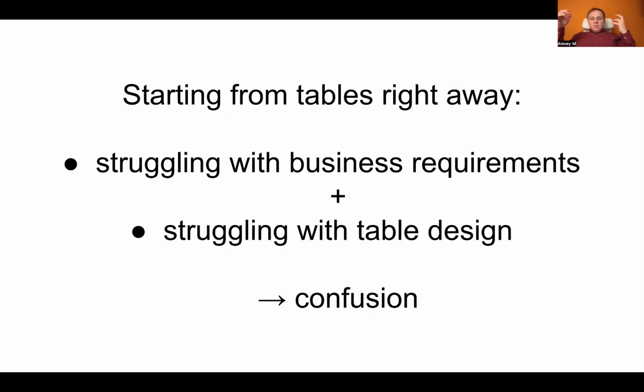First, you're struggling with business requirements because you don't understand them clearly. Simultaneously, you're struggling with table design. You need to think about primary keys, foreign keys, indexes, physical data types, normalization, and so on and so on. And when you're thinking about two things simultaneously, you get confused.